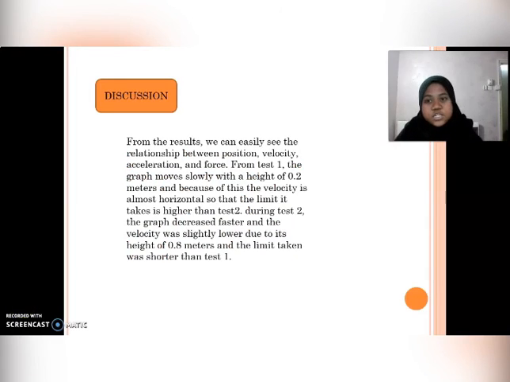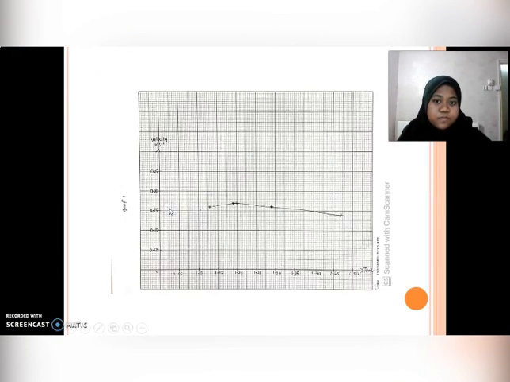So, discussion. From the result, we can easily see the relationship between position, velocity, acceleration, and force. From test 1, the graph moves slowly with a height of 0.2 meter.